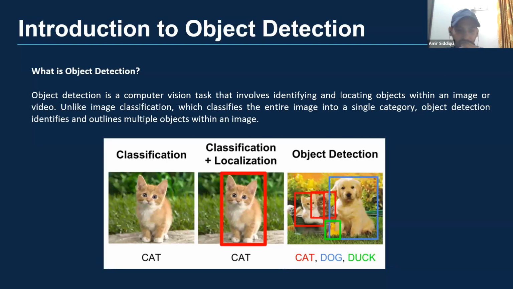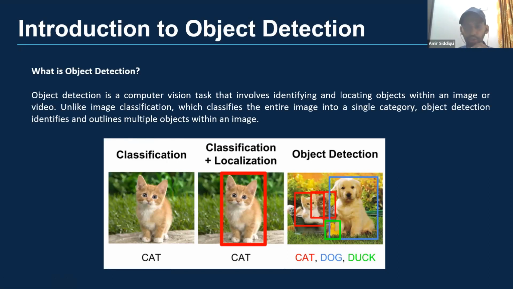Now our goal is not to classify whether this is a dog, or a cat, or a duck, but we have to identify each and every object in this image, and that is known as object detection. So here we are identifying this as a dog, this as a cat, and this one as a duck. Since we have two cats, we have two bounding boxes here. The first you will see on the left hand side, the second on the right hand side, the third one is the dog, and the fourth one is the duck.